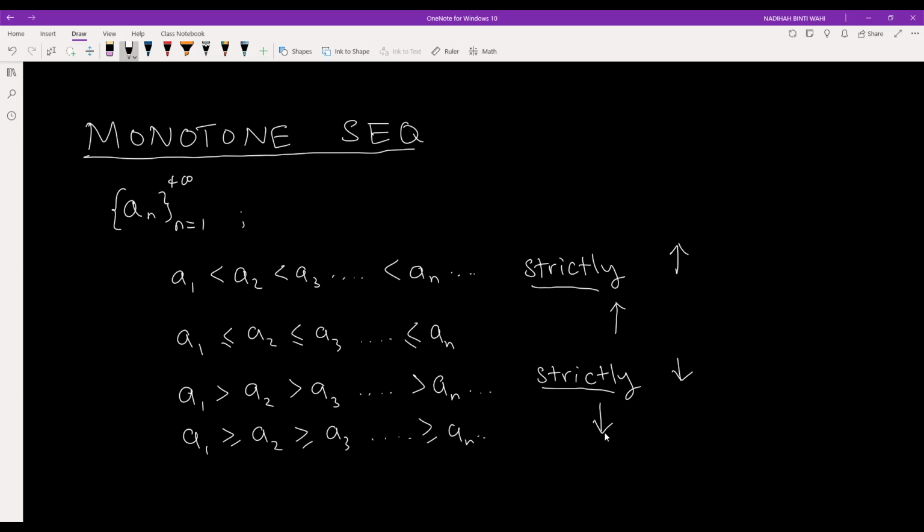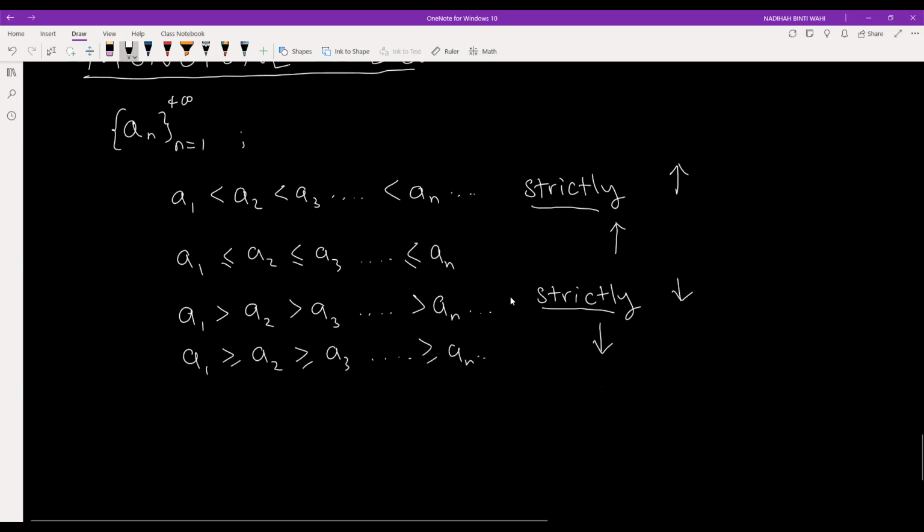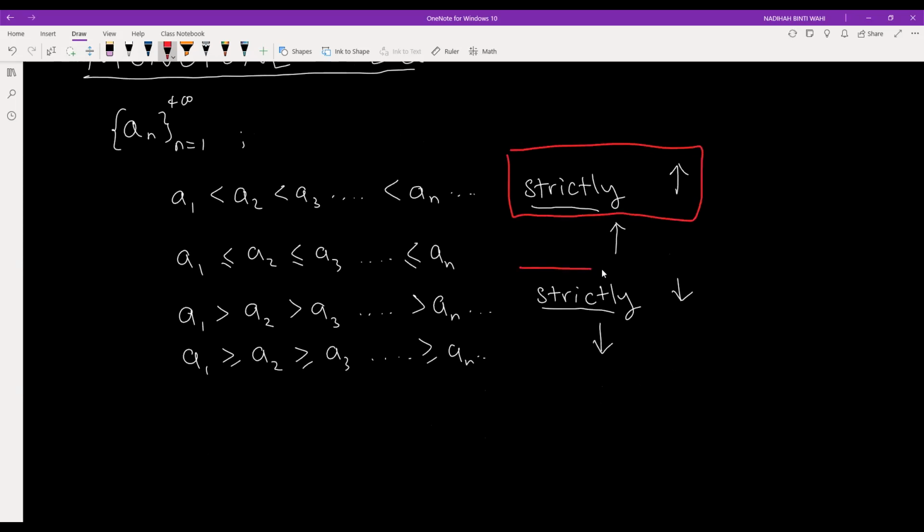So in this case, if you have the word strictly right here, and the word strictly also right here, you can say in both cases this is strictly monotone.